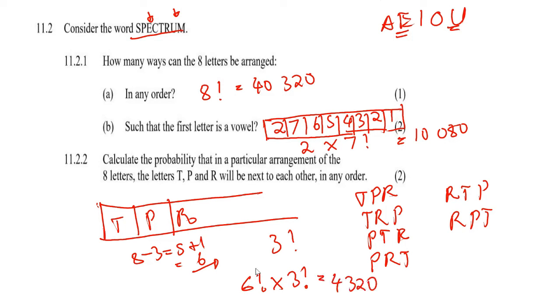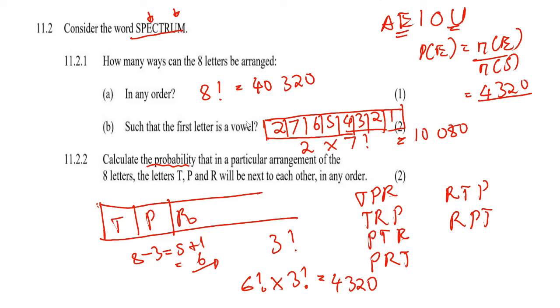4,320. But then remember, we are writing this as a probability, right? So as a probability, we must say probability of that event is equals to the number of the event over the number of the sample space, right? So the number of the event is the 4,320. But then what is the sample space? The sample space is the one that does not include any restriction.